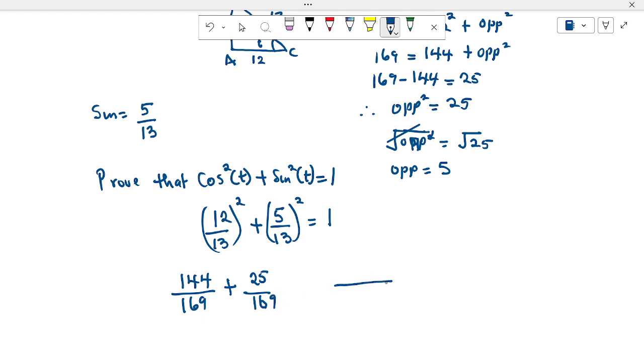Add that together. We have 169 as our base, 144 plus 25, which is giving us 169 all over 169, which is equal to 1. That is the proof. Prove that cos squared t plus sine squared t equals 1. That is the answer.